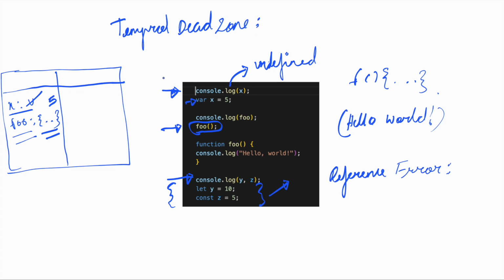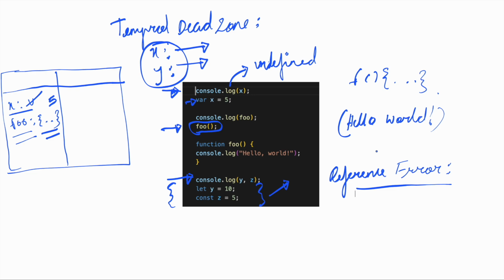We cannot access y and z before they are initialized because they are present in the temporal dead zone, and you cannot access variables from the temporal dead zone. So in the memory allocation phase, they are present in the temporal dead zone. You should remember this, and therefore this output gives you a reference error.